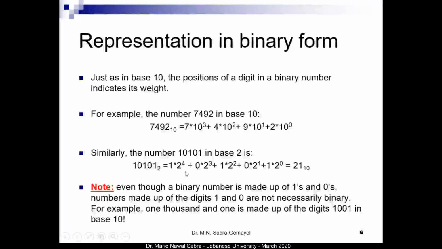We are going to do exactly the same for binary. So we are going to multiply the ones and zeros by powers of 2 with their place value. If I multiply these out, it is my way of transforming a binary number to a base 10 decimal number. So 10101 is 21 in base 10.